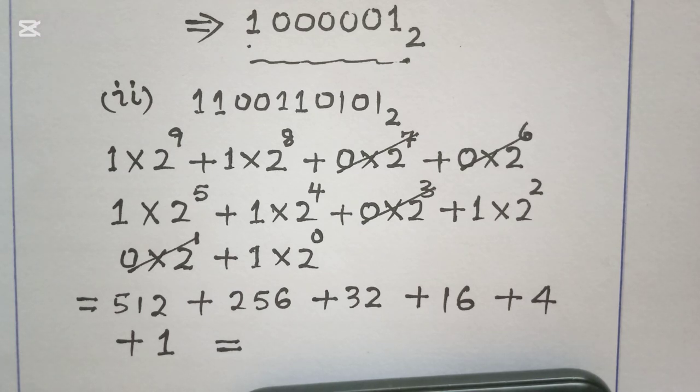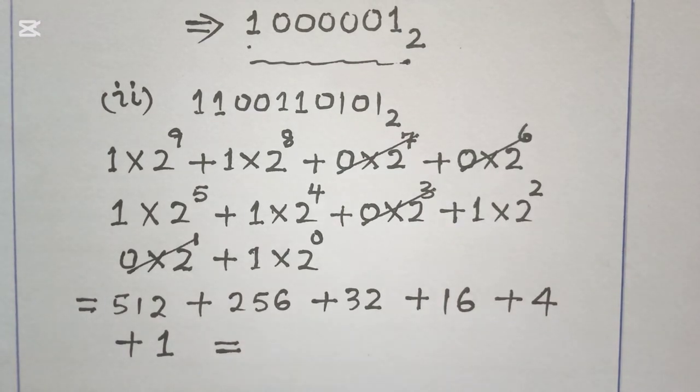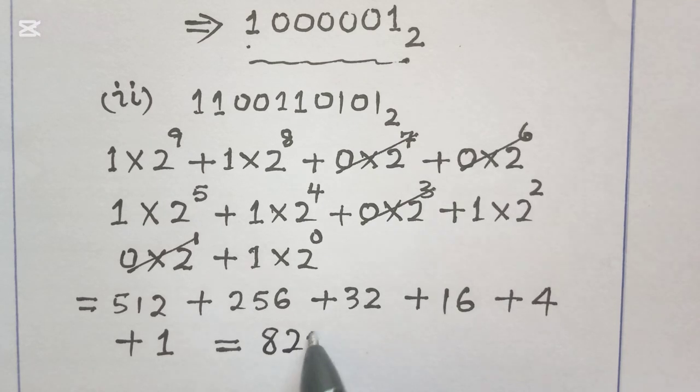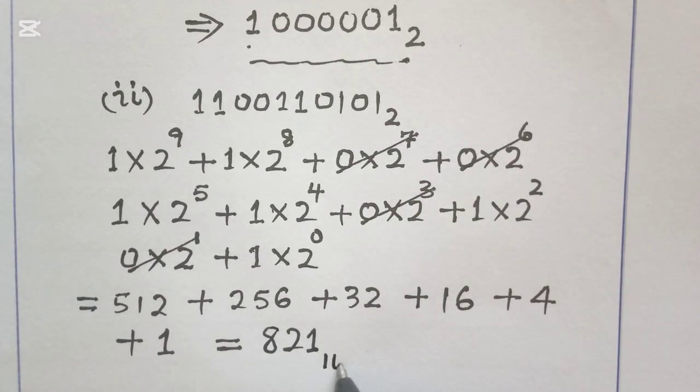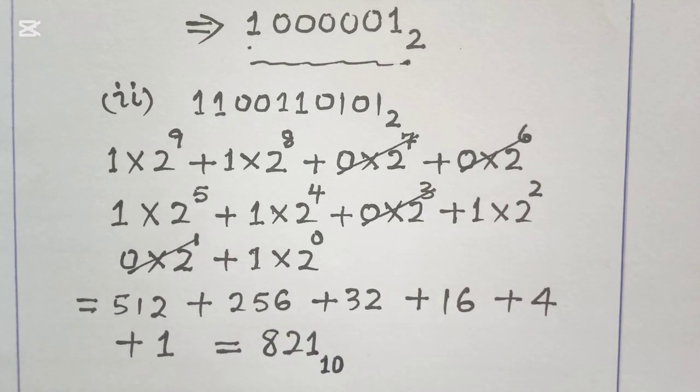So that gives us 821. So guys, our solution then is 821. And we can put a 10 here to show that this is a decimal number or a denary number.